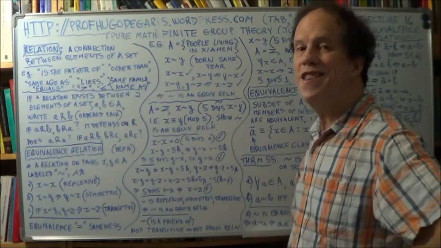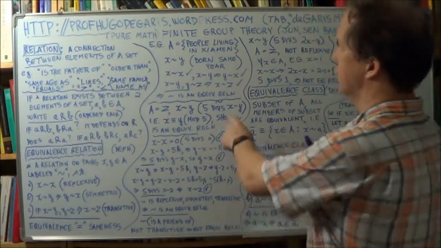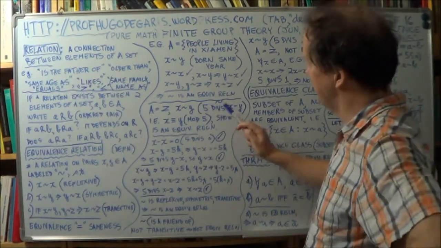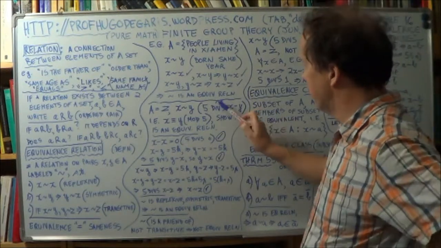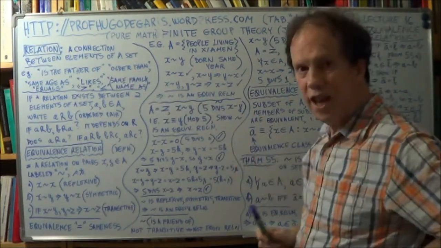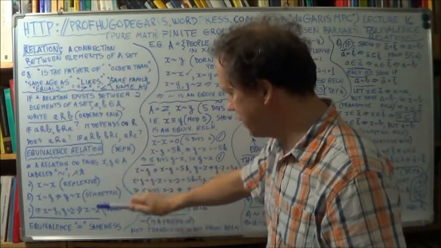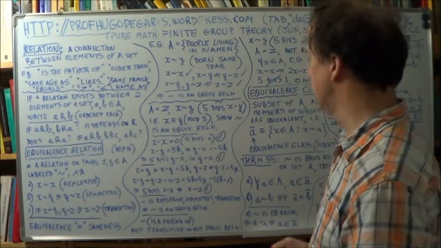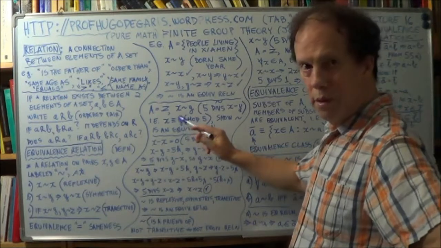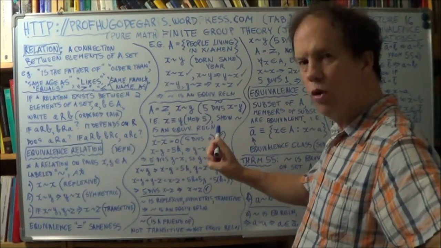Now, question: is this relation here, 5 divides, "divs" is just my shorthand way of saying divides, so 5 divides x minus y, that relation, the tilde, is it an equivalence relation? In other words, is this relation here reflexive, symmetric, and transitive? Okay, well, let's do the test. Now, you may remember the definition of a, what's the word? Congruent.